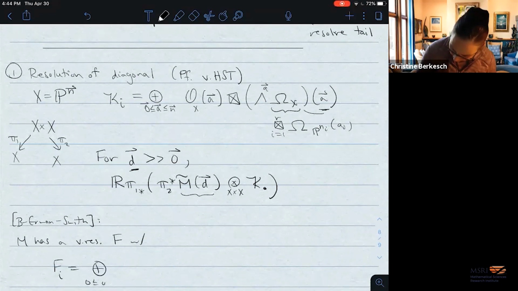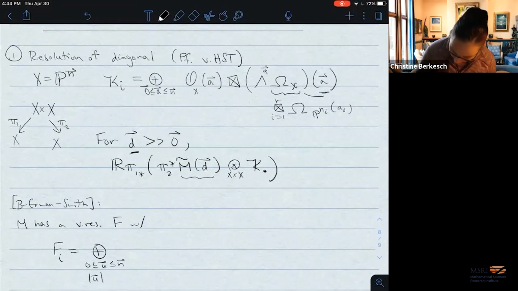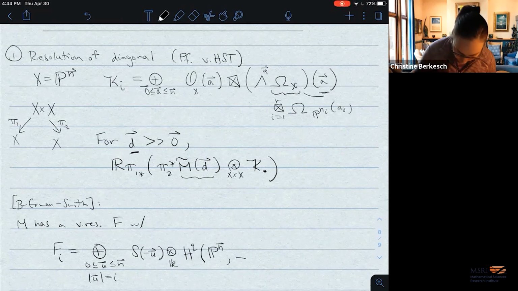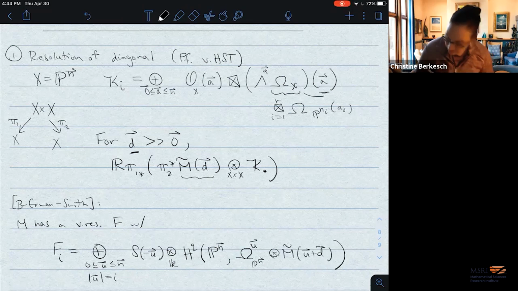So I want to make a comment about it. All right, there we go. So this is what comes out at the end of the spectral sequence.